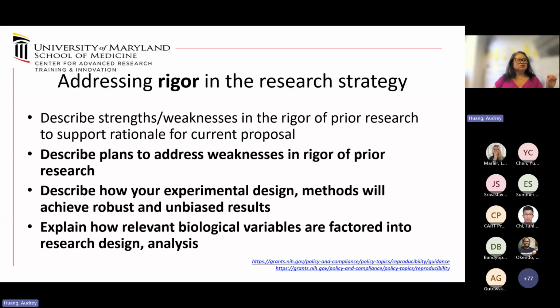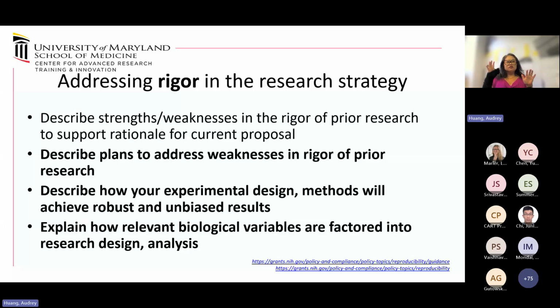So, addressing rigor in research strategy. You will have already, in this top part, described strengths and weaknesses in the prior research to support the rationale for the current proposal. You will have addressed some of that in your specific aims already. In your approach, you have to discuss your approach as it relates to identified weaknesses of rigor of the prior research.